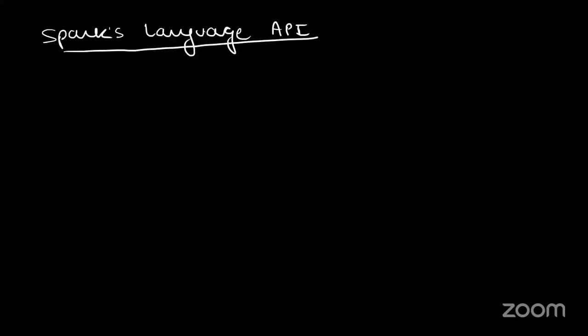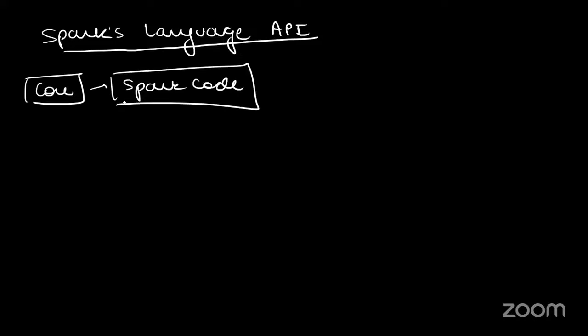Spark's language API will make it possible for you to run the Spark code using various programming languages. There are certain core concepts within Spark in every language, and these concepts are then translated into the Spark code that basically runs on the cluster of machines that you have.